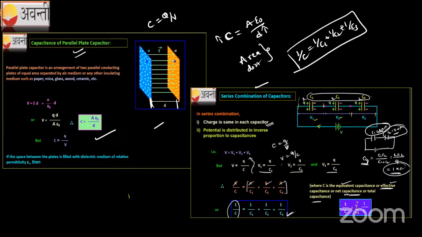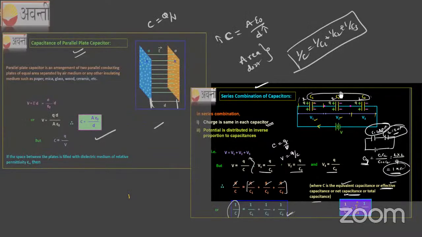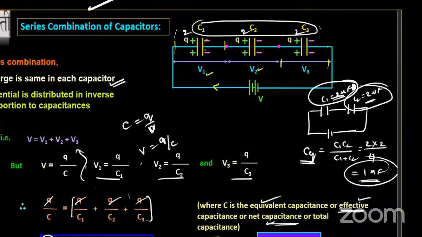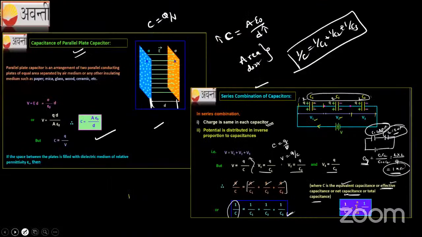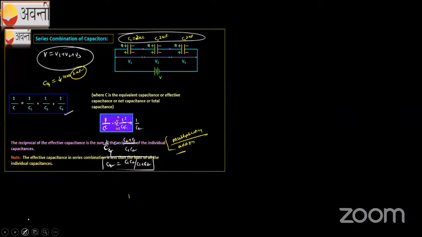Yesterday I gave an example. Look at this portion. If I connect two 2 microfarad capacitors in series, the final equivalent capacitance we got is only 1 microfarad, right? Next is the connection in parallel.